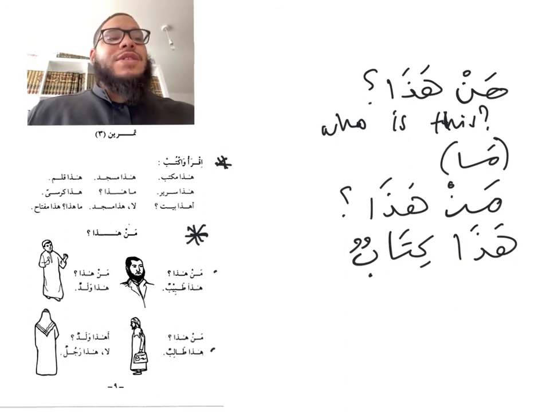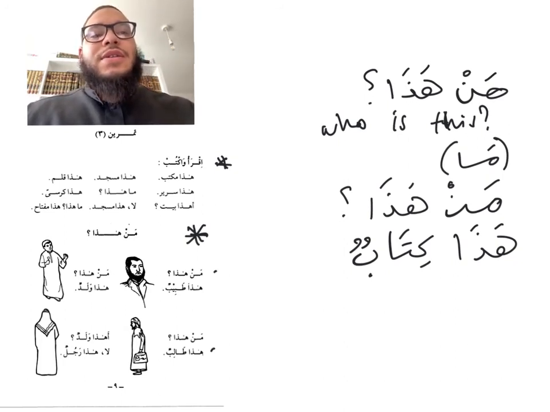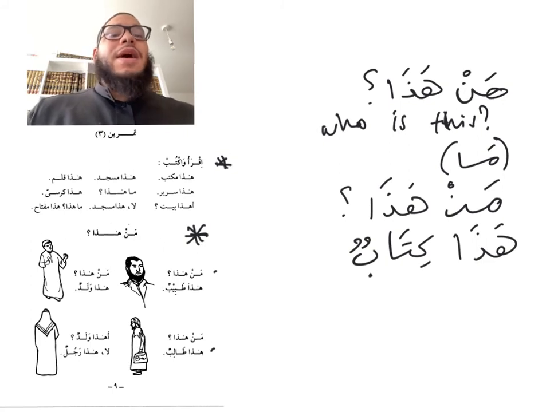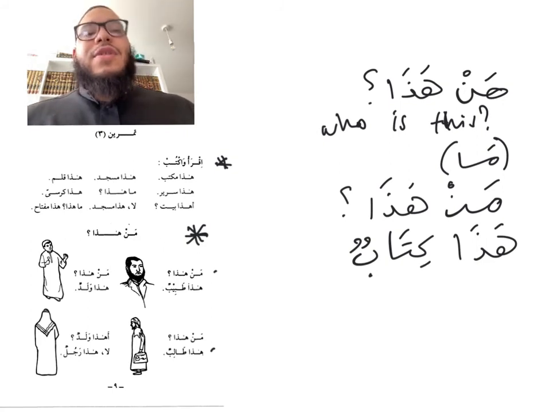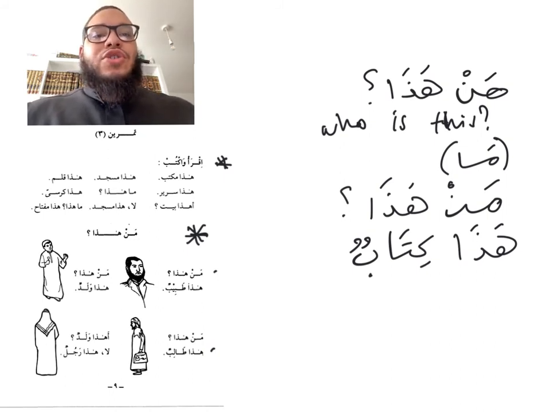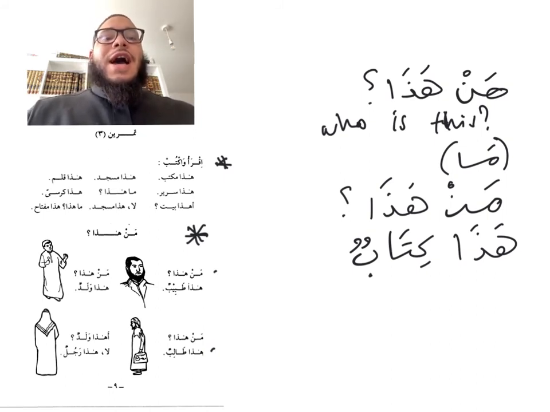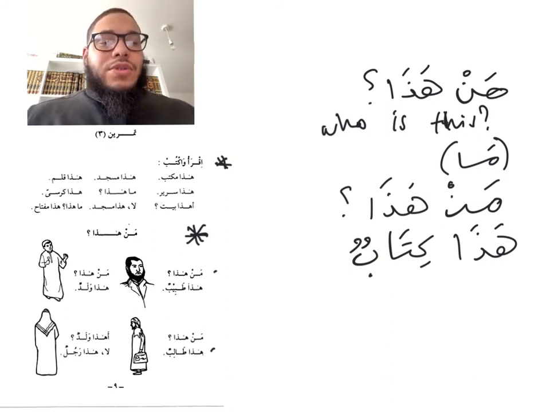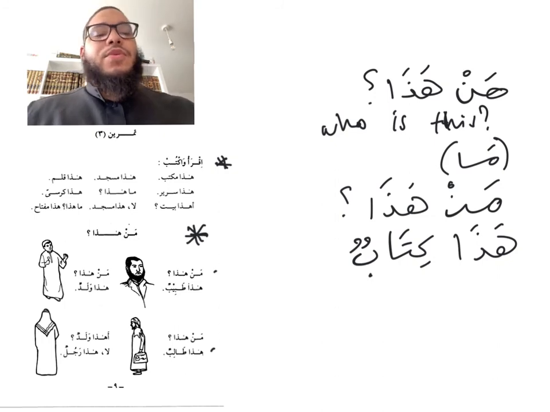Ma hadha, why? Because now I'm asking about an object. Likewise, I cannot say ma hadha and say hadha tabibun or hadha rajulun. So ma hadha is used to ask about objects, and man hadha is used to ask about people.